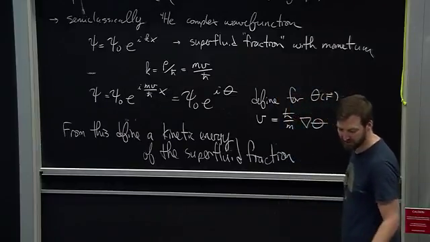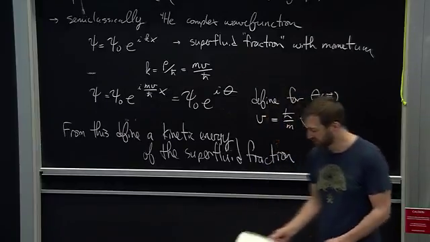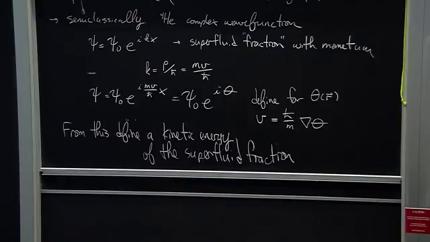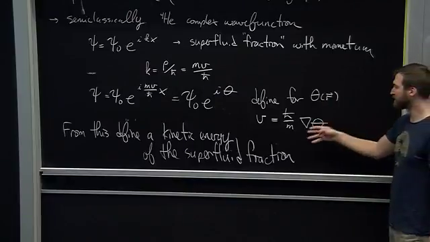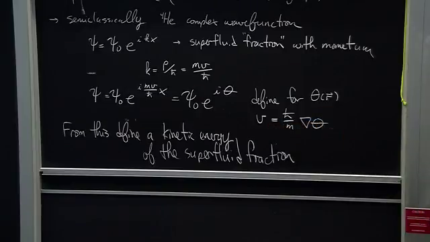So kinetic energy, 1/2 mv squared, but we need to allow for positional dependence of this velocity, essentially. So we're going to write it as an integral. So that's the kinetic energy.